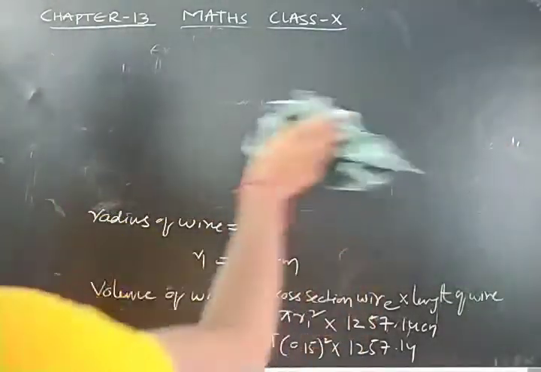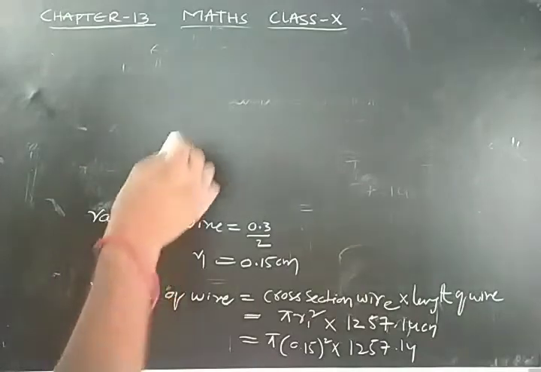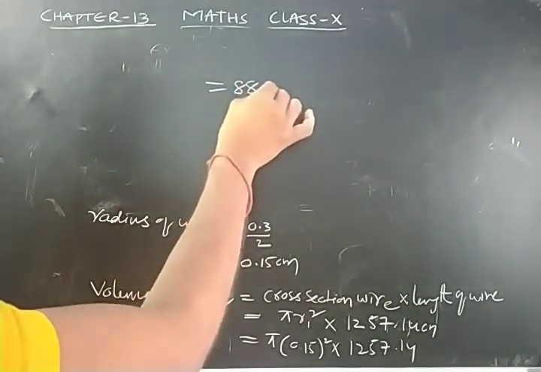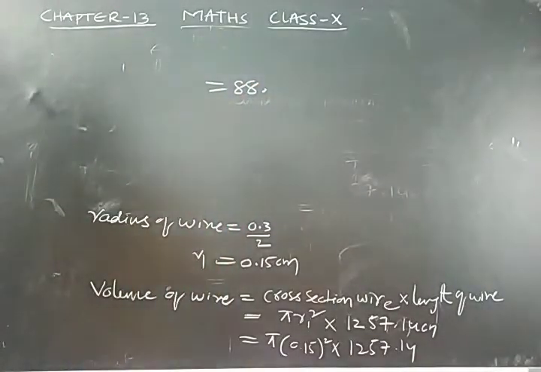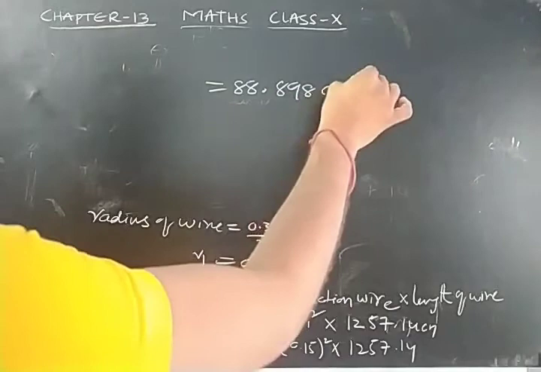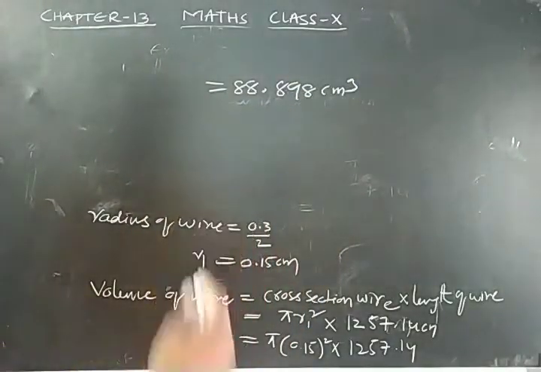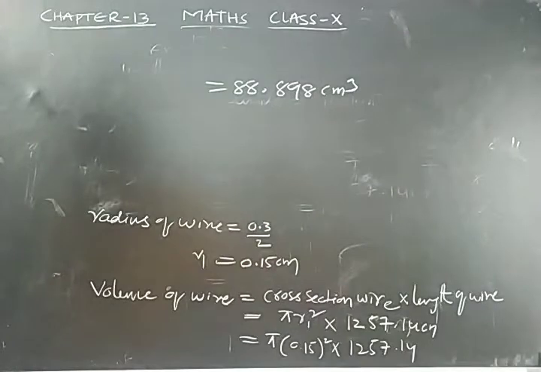Now by simplifying this, we will get 88.898 centimeter cube. This is the volume of the wire.